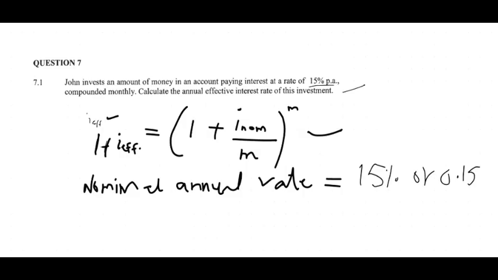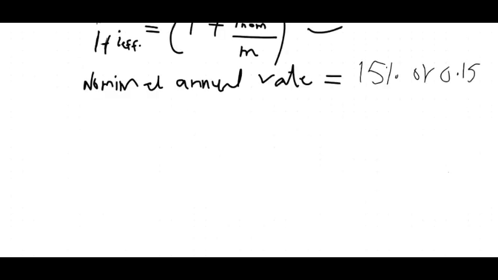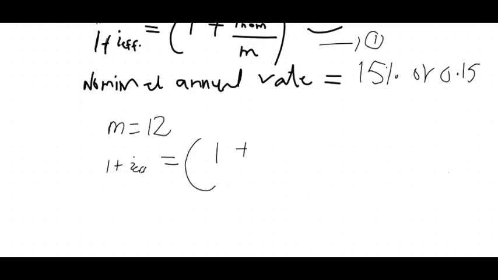The compounding frequency m is monthly, so m equals 12. Now I have to substitute my values in this equation. I have 1 plus I effective equals 1 plus 0.15 divided by 12, and the power m is 12.